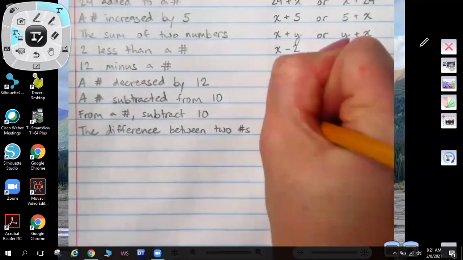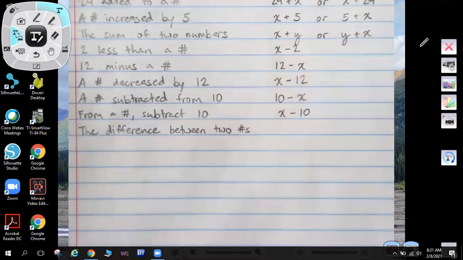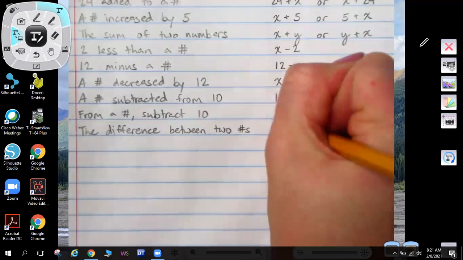So we're starting with x. From a number, subtract 10: x minus 10. Finally, the difference between two numbers, that would be x minus y.